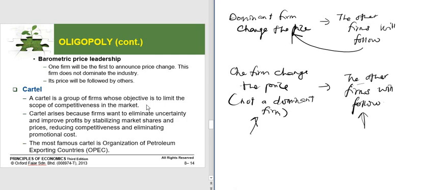The second type of strategy is what we call a cartel. A cartel is a group of firms whose objective is to limit the scope of competitiveness. A cartel is actually a combination of a few oligopoly firms.